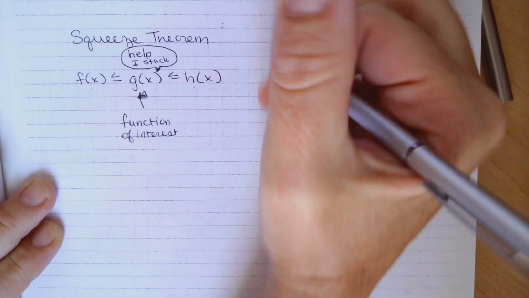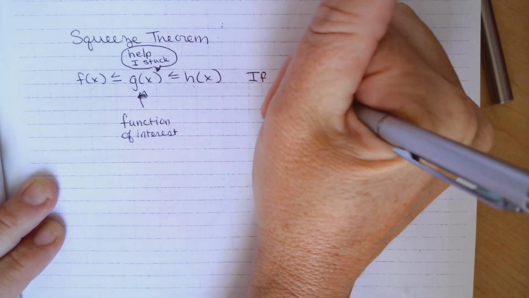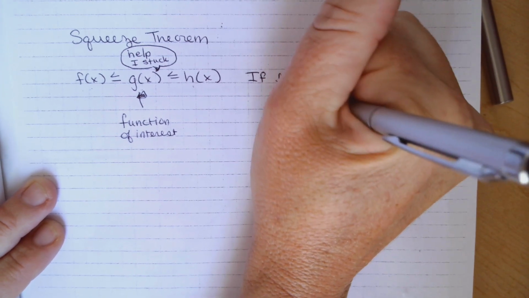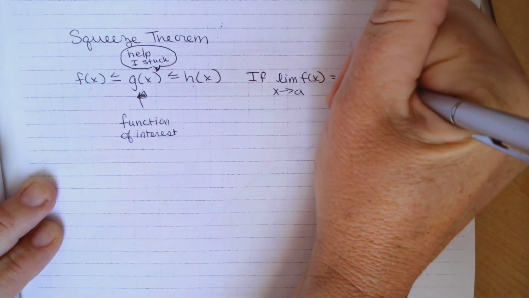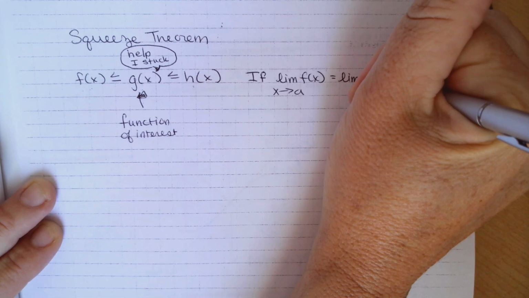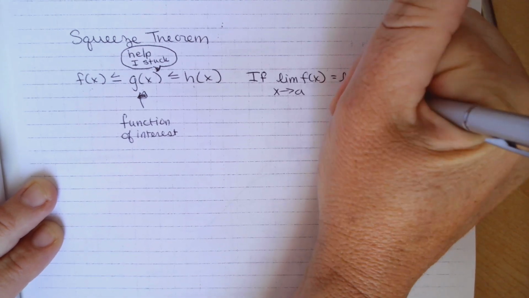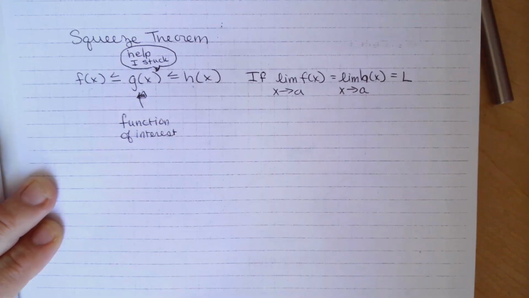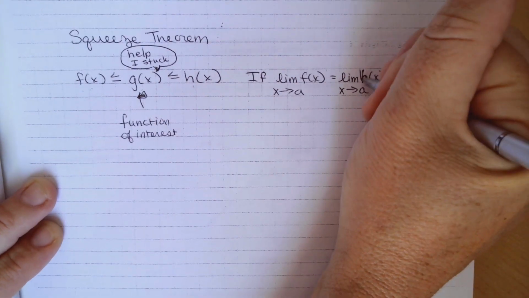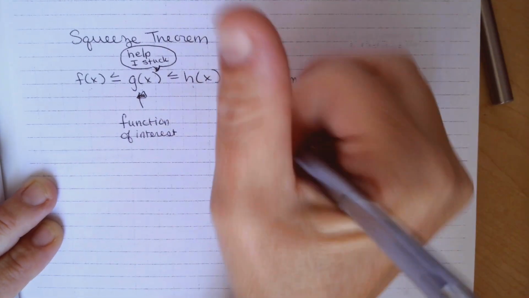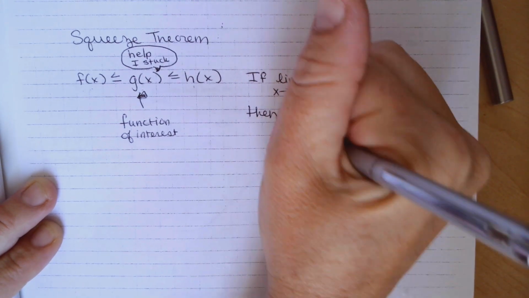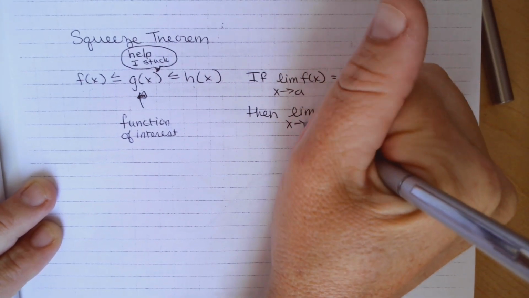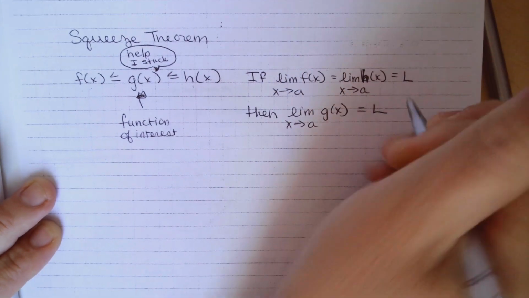And so we say if the limit of f of x as x approaches a equals the limit of h of x as x approaches a, and they both equal L, some value L, then we know that the limit of g of x as x approaches a also equals L, right?